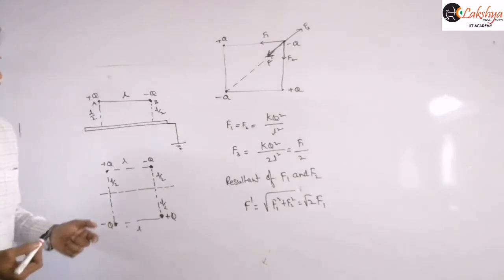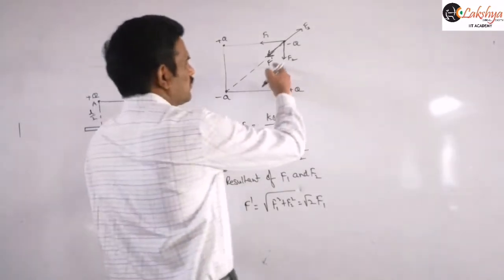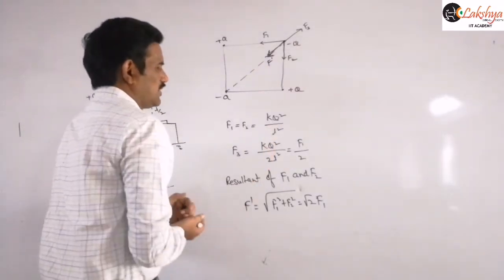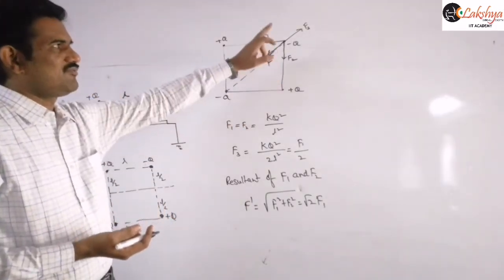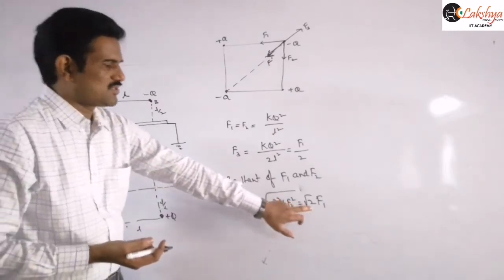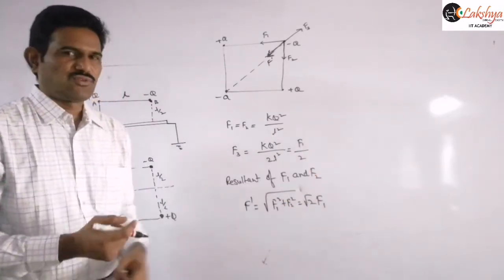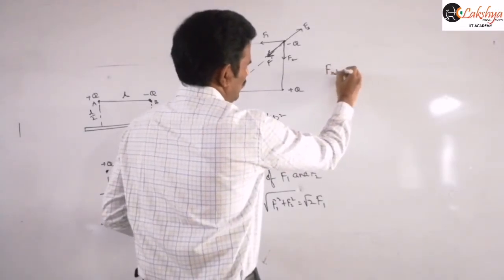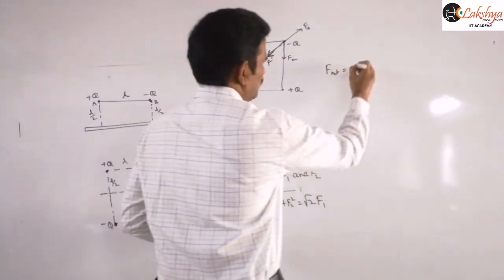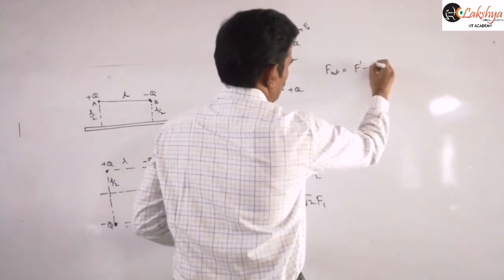Next we need to write the resultant of these two values. You can observe this F dash value will be larger than that of F3. This is root 2 times F1, and F3 is F1 by 2, and both are opposite to each other. Therefore the net force I can write as F dash minus F3.